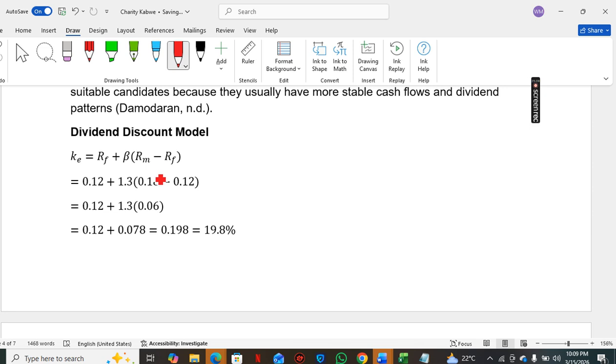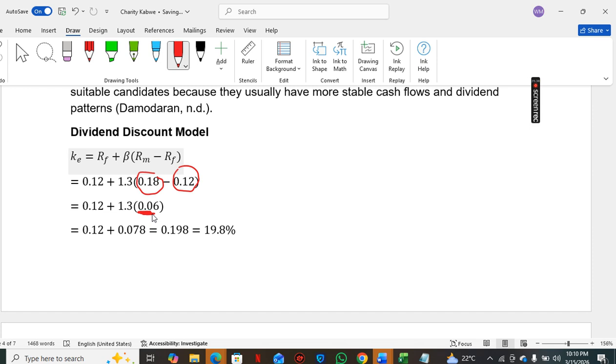So if you invest in securities in the stock market, the average return is 18%. If you invest in a risk-free security, you're getting 12%. So the extra return that you are getting when you choose to invest in other securities in the stock market instead of a risk-free investment is 6%.